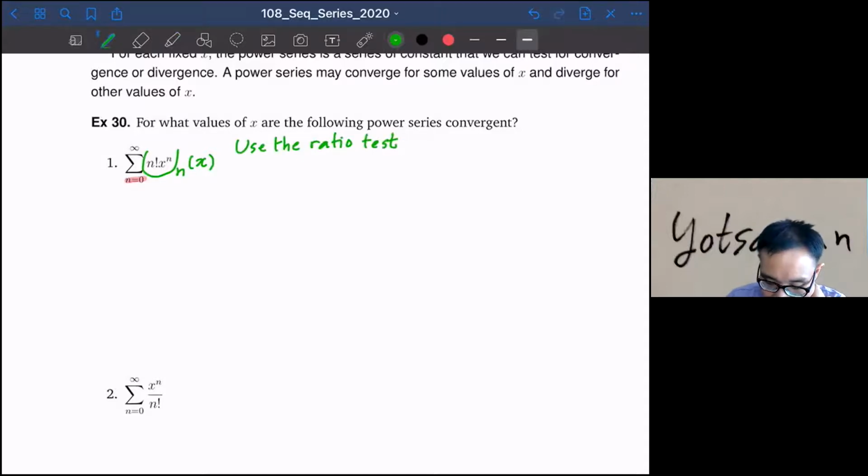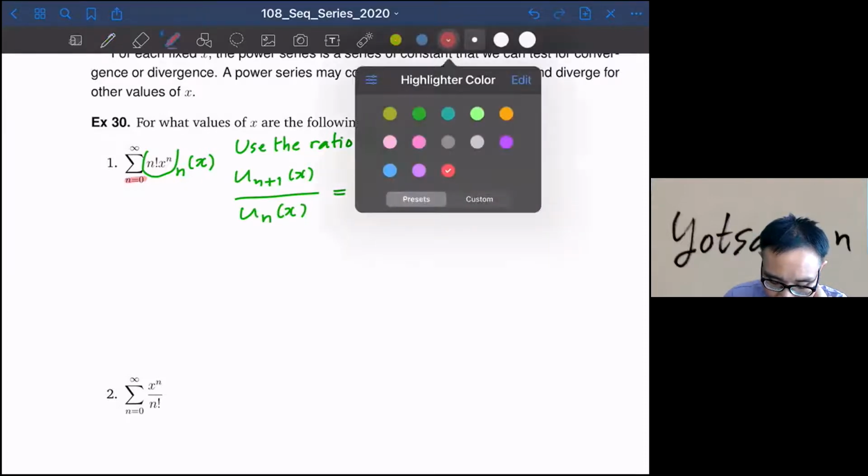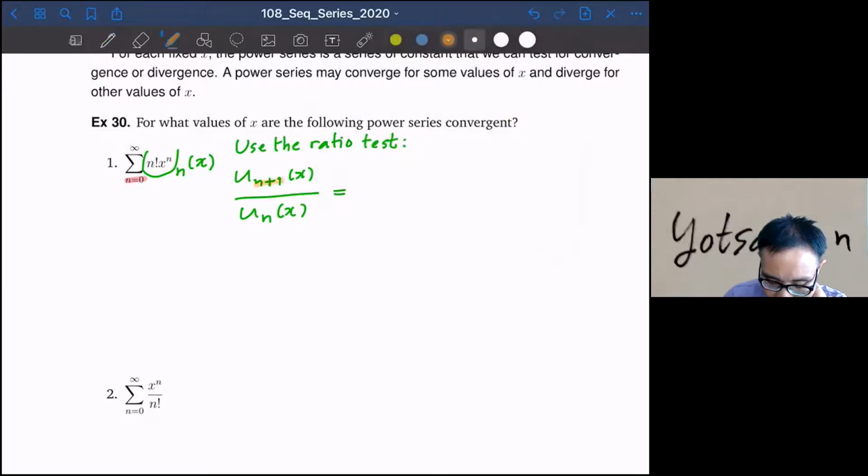So we compute un plus 1 of x over un of x. Okay, un plus 1 means that you replace n with n plus 1.